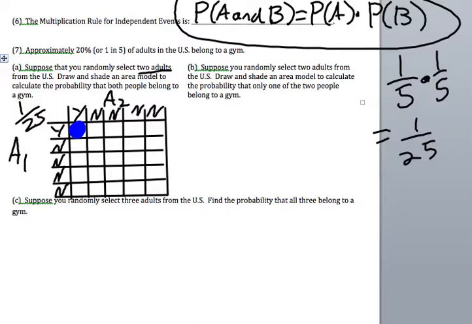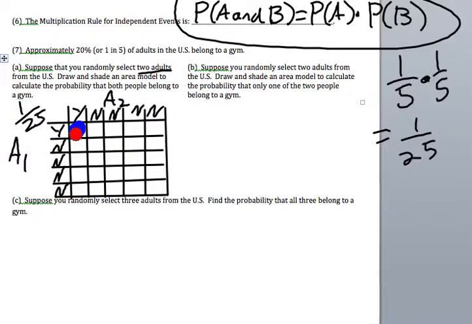B says suppose you randomly select 2 adults. So we've got adult 1 and adult 2 again. We're going to draw and shade an area model to calculate the probability that only 1 belongs to a gym. I'm not going to redo the area model. We're just going to use a different color for this shading. We're going to shade in red all the instances where only 1 of the 2 people go. So we're not going to use this.